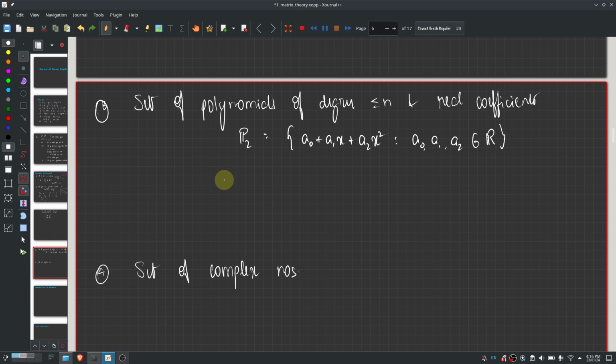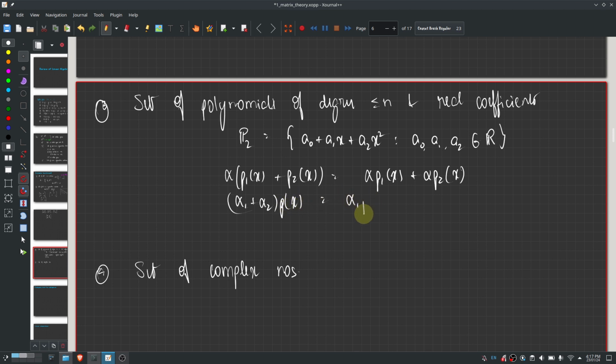If I take alpha times p1 of x plus p2 of x, is it equal to alpha p1 of x plus alpha p2 of x, and is alpha 1 plus alpha 2 times p of x equal to alpha 1 p of x plus alpha 2 p of x? So distributivity is satisfied. Anything else I need to check?